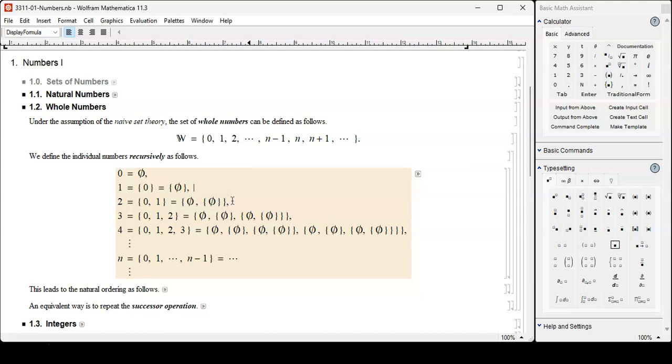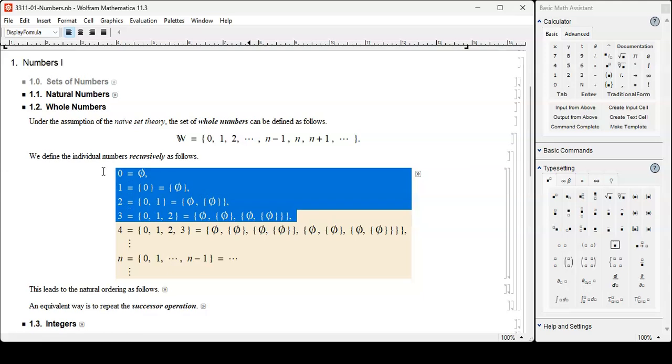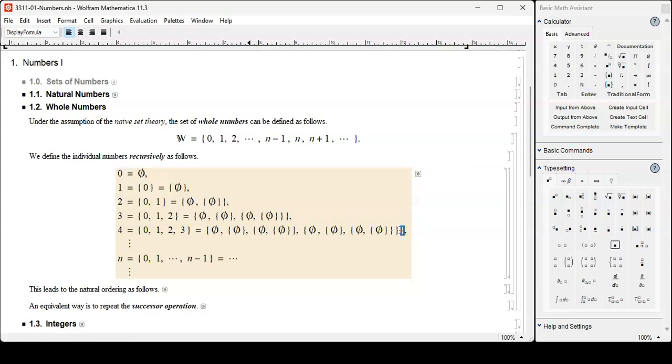And then we define 2 as a set with elements 0 and 1. You see, 0 and 1 are defined a priori, so this third line is perfectly okay. And the definition of 3 is the set {0, 1, 2}. And the definition of the number 4 is the set {0, 1, 2, 3}. We are using all the numbers defined earlier, so this definition here is perfectly valid.